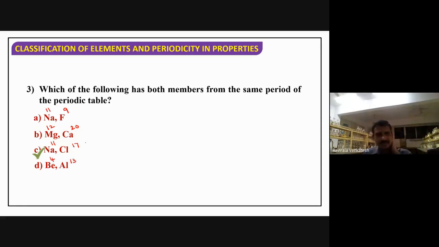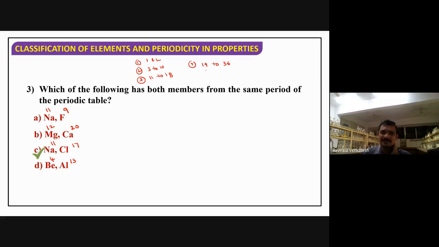Now you can write by electronic configurations also. But remember one thing: first period atomic numbers 1 and 2. Second period atomic numbers from 3 to 10. Third period atomic numbers from 11 to 18. Fourth period atomic numbers from 19 to 36.